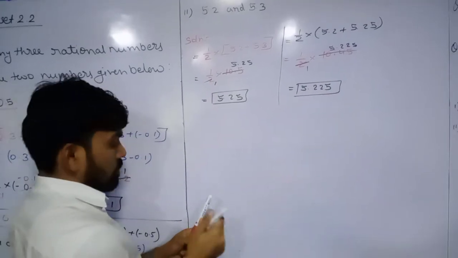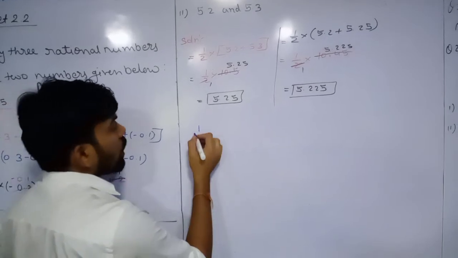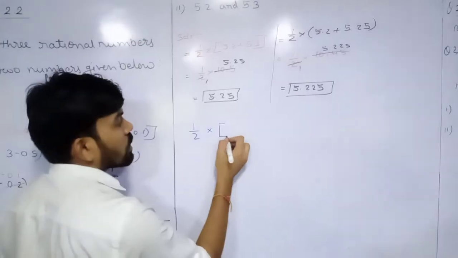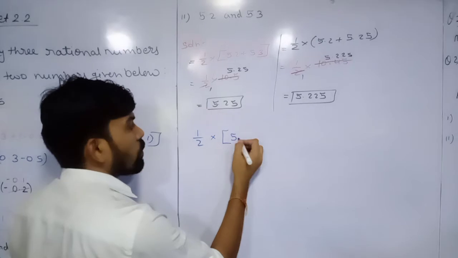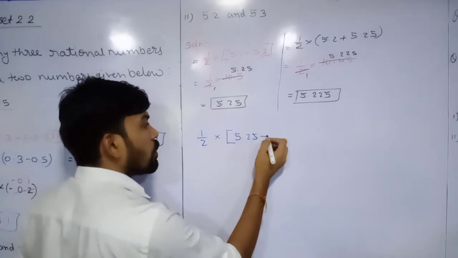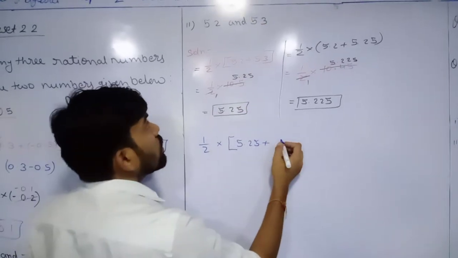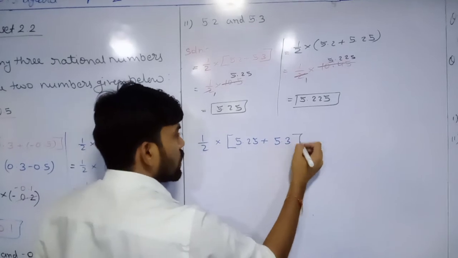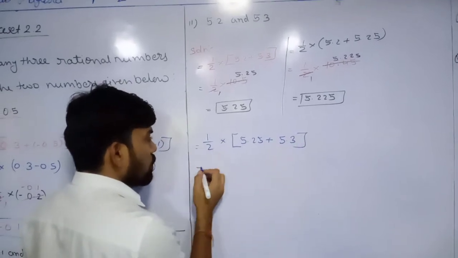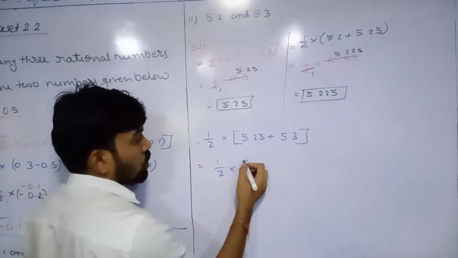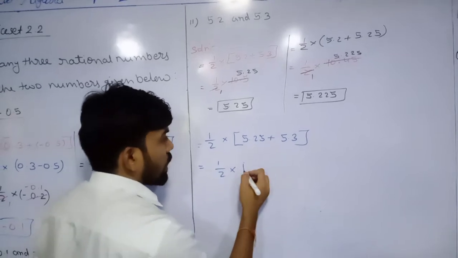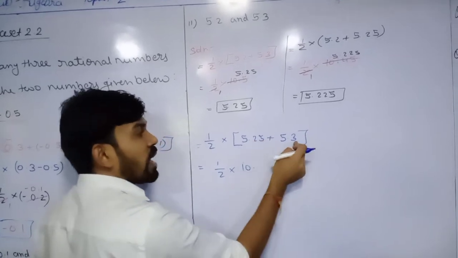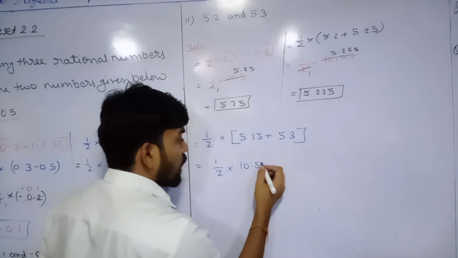Once again, here 1/2 multiply with the answer we got, 5.25 plus our second number 5.3. Yes, so it will become 1/2 into 5 plus 5, 10.55, and this is 30, that will become 5.